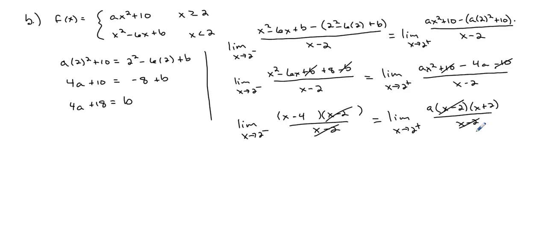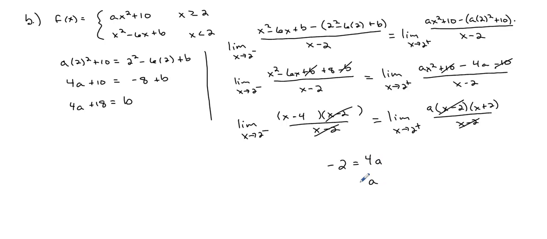Again, if you're doing this correctly for these polynomial functions, this better cancel. Your denominator better cancel. Don't use any math magic, but it better cancel. After we substitute 2, looks like we get negative 2 on the left side. After we substitute 2, we get a times 4, which is 4a.